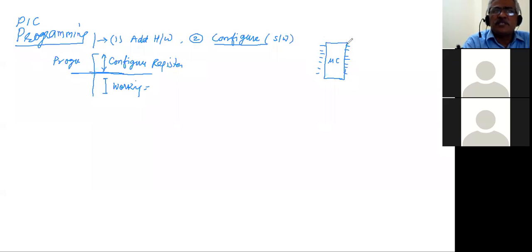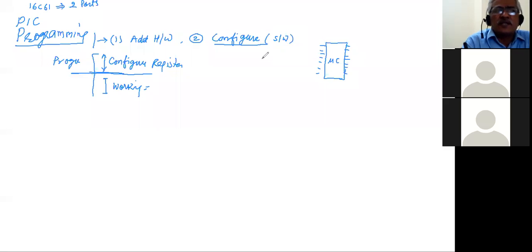And these pins are part of a certain group. Of course, all these will be called ports. Whether it is port A, port B, port C, port D, port E, depending upon the controller that you are using. I told you in the previous class that if you are using a controller like 16C61, you only have two ports.